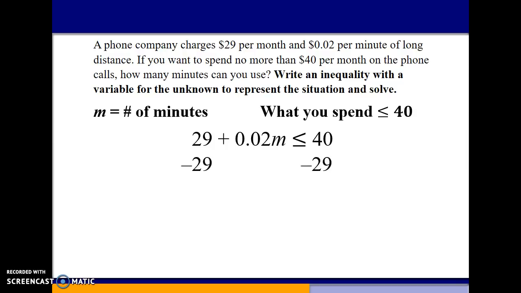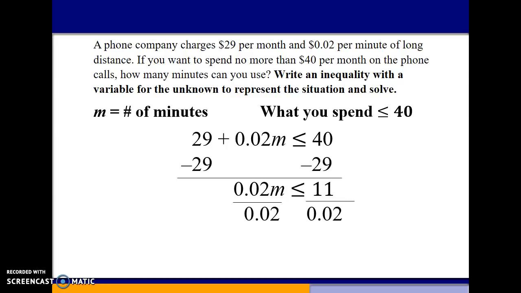Undo addition of a positive by subtracting a positive. We have 2 cents times the number of minutes is less than or equal to 11. Divide both sides by 0.02. We end up with m is less than or equal to 550, which means the number of minutes we spend on a phone call can be a maximum of 550.